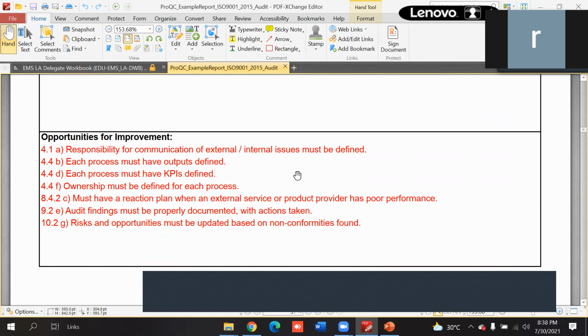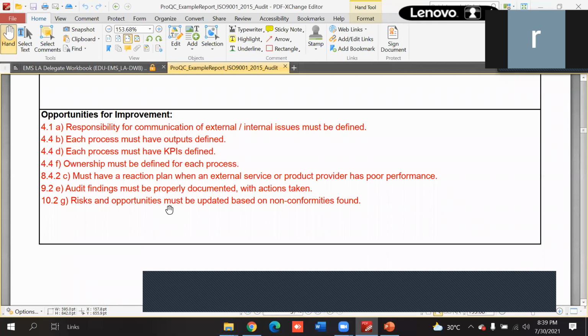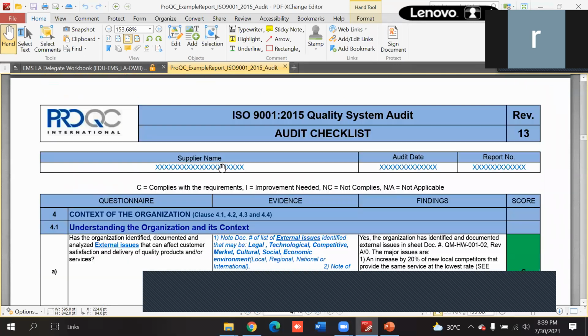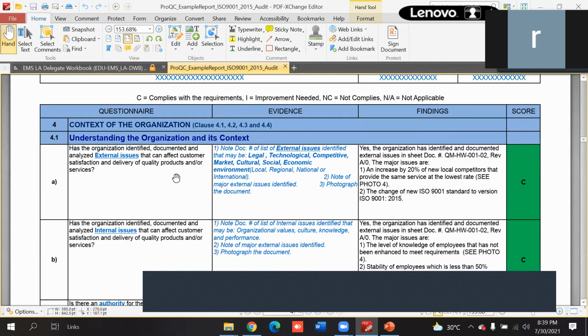Based on the clauses, what we must have is not inside, you can put it up. It must be updated based on non-conformities, properly documented action taken, have a reaction plan, ownership must be defined, KPI, those things. They go based on the clauses.